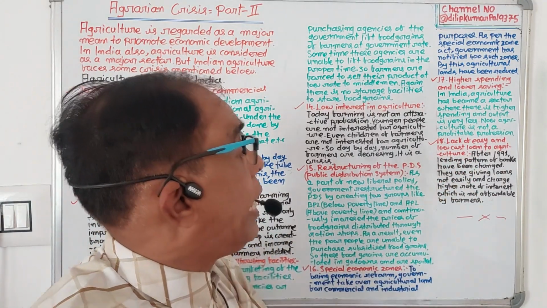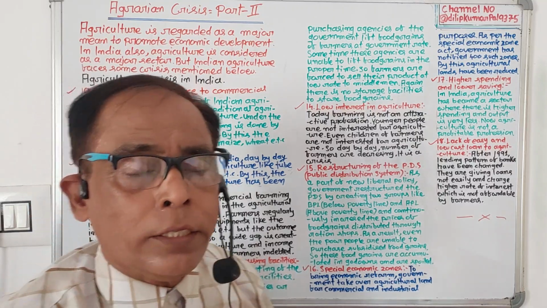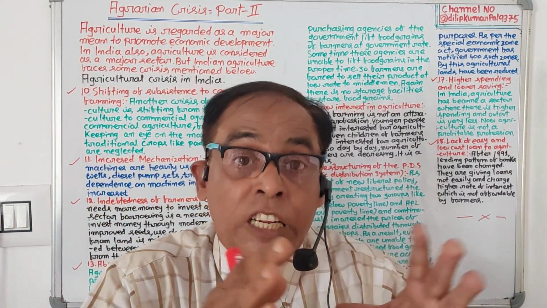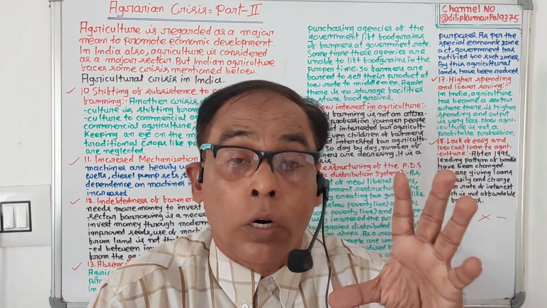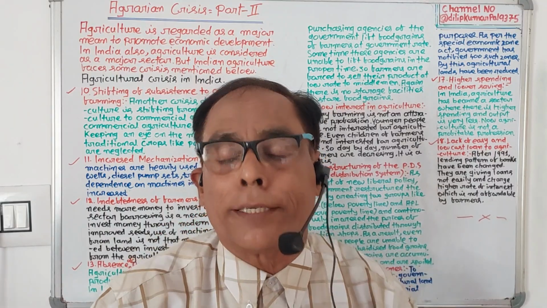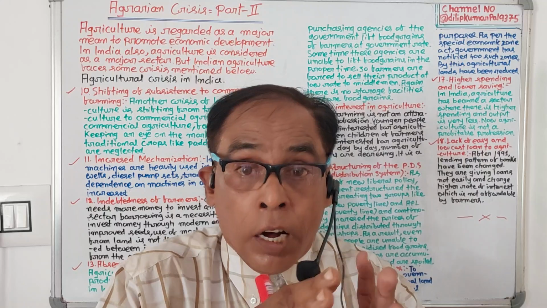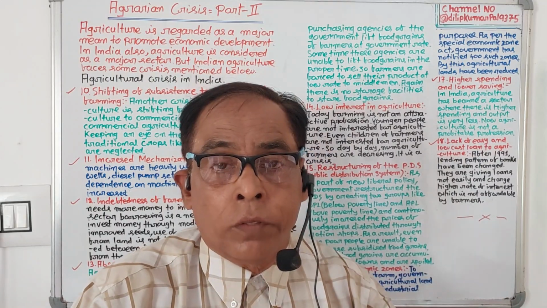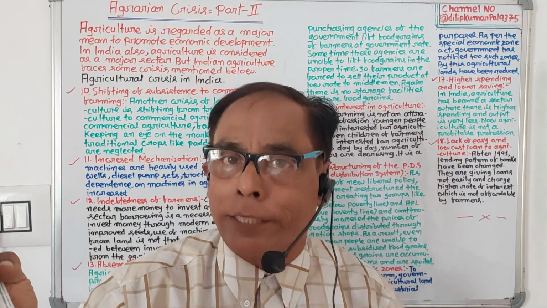Lack of easy and low cost loan to agriculture. Nowadays, it is very difficult to get loans at a low rate of interest. After 1991, banks have decided to give loans at a higher rate of interest.